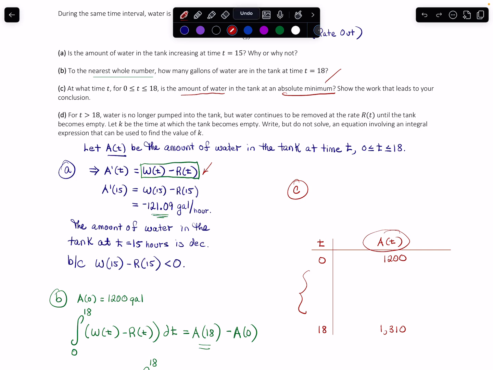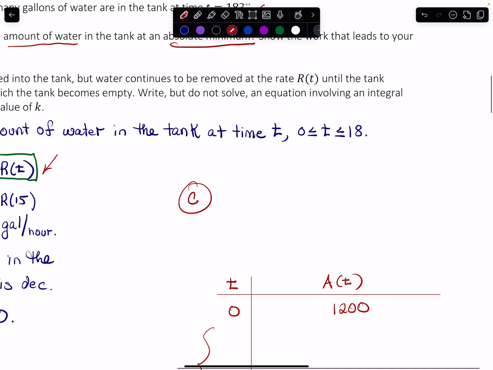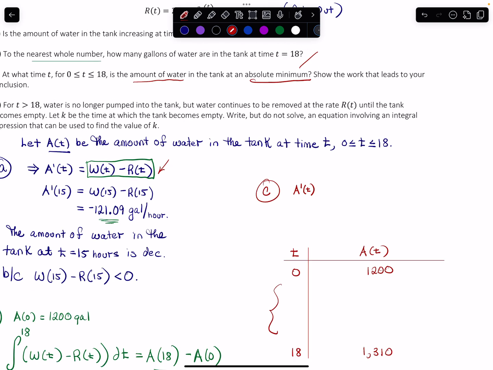So I have to check for the critical numbers of A of t. If I want its critical numbers, I have to look at its derivative, A prime. And earlier we said that A prime is w of t minus r of t. If you do not write that you are taking this quantity and setting it equal to 0, you automatically lose a point because that is how you are locating your critical numbers.